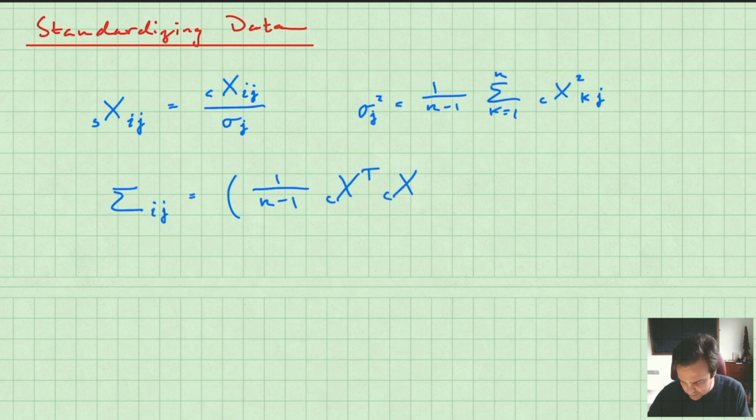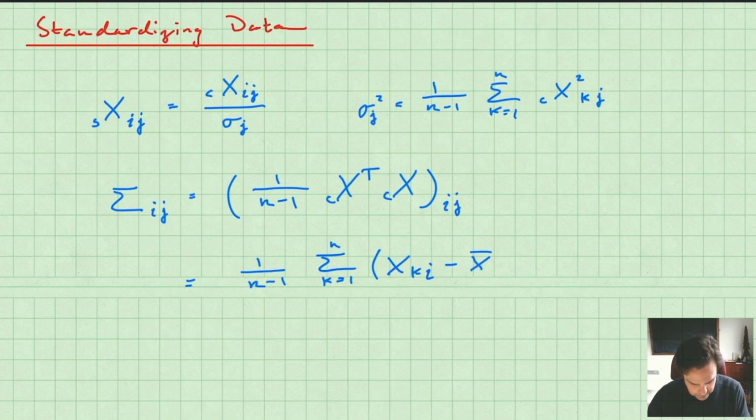If you want to look at row i, column j of that, it looks like this: going back to the original definition, 1 over n minus 1, sum down the column, k equals 1 to n, of two different factors: x k i minus the average of column i, times the same thing, x k j minus the average of column j. This should be very familiar to you at this point.